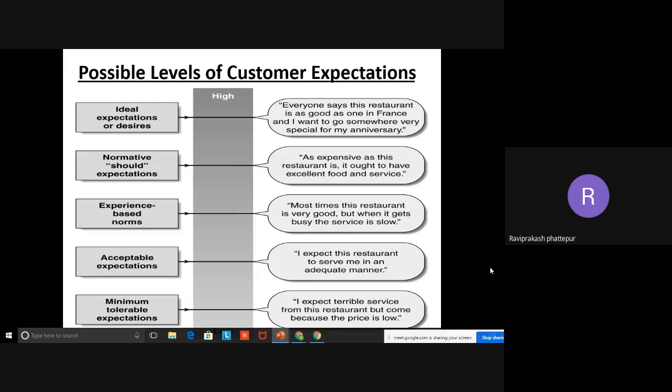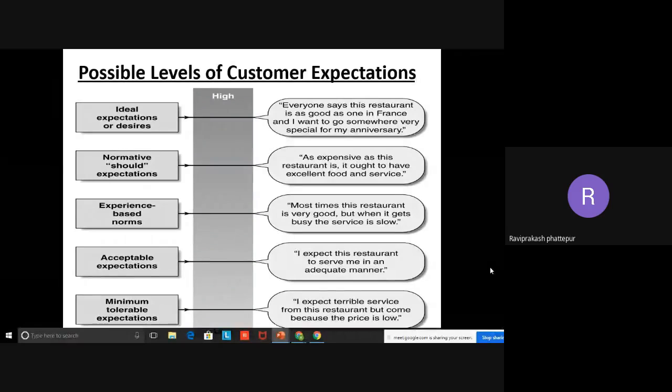So what you expect when I am paying so much of an amount, the quantity should be so much, the regular restaurant which I go to, I pay very less than what I am paying here. So you are expecting a service which is equal to the amount of money that you are paying to that particular restaurant for that particular dish.